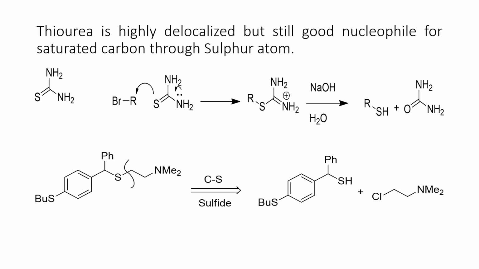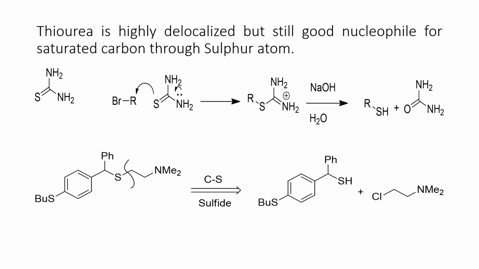So thiourea is used as a masked H2S equivalent. To obtain the thiols, we will change the strategy. We will use another reagent as a masked reagent to obtain the desired product.